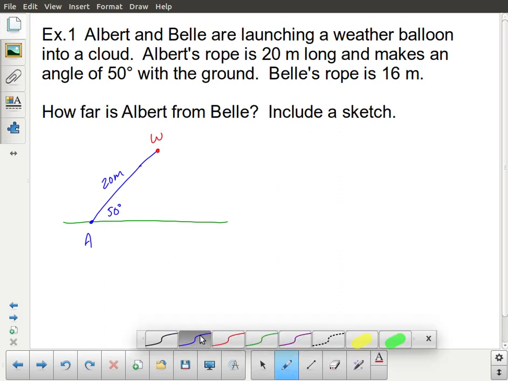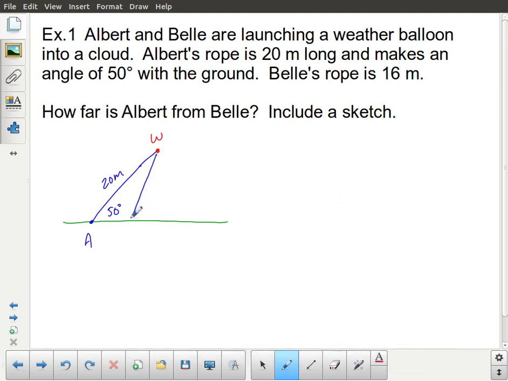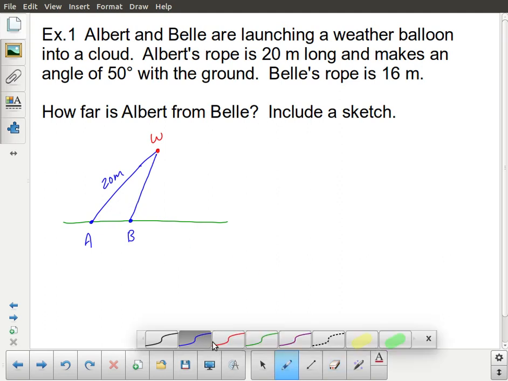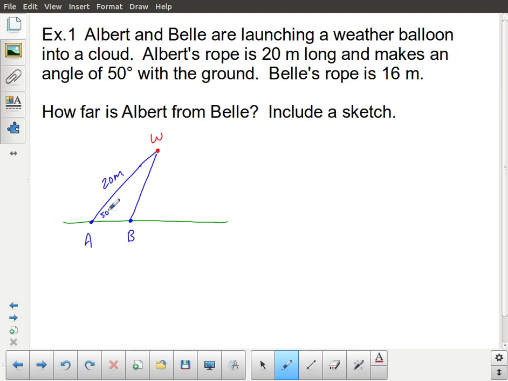And now, and it helps because I've got a little bit of foreknowledge here, I could draw Bell right there. Now I'm going to have to tune my diagram a little bit because things are going to get quite crowded. So I'll put this 50 degrees a little bit smaller in that corner. And Bell's string is 16 meters still.